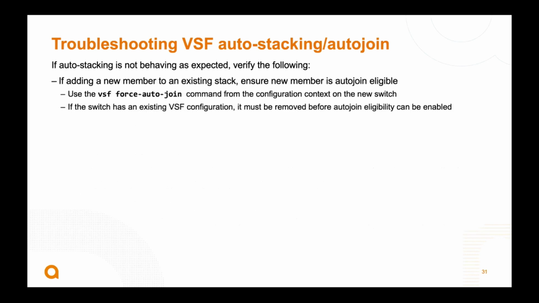And lastly, if you're adding a new member to an existing stack, you have to make sure that new member is auto join eligible. So if it's not in a factory default state, you can use the VSF force auto join command so that you don't have to zeroize the switch before it is eligible. If it has an existing VSF configuration, remove it before you run that command to reestablish auto join eligibility.